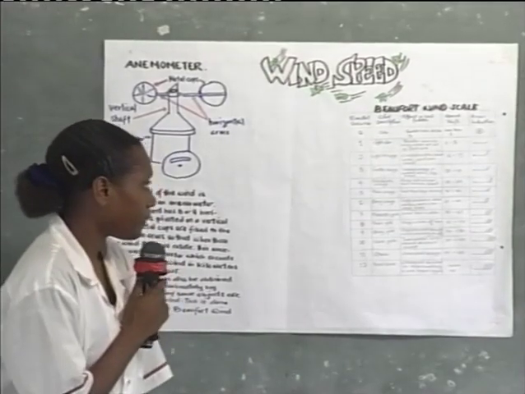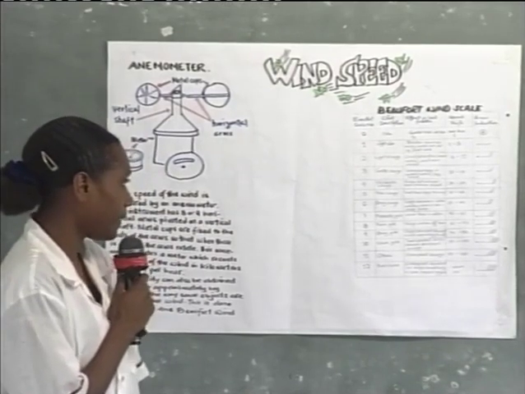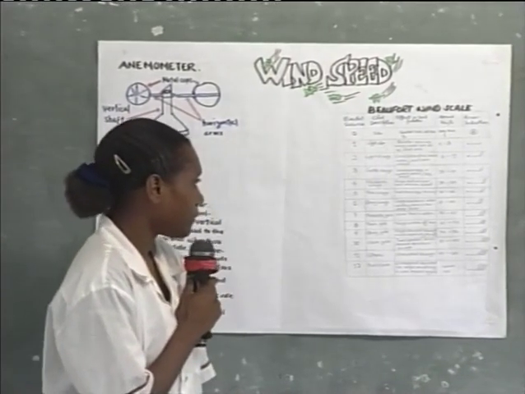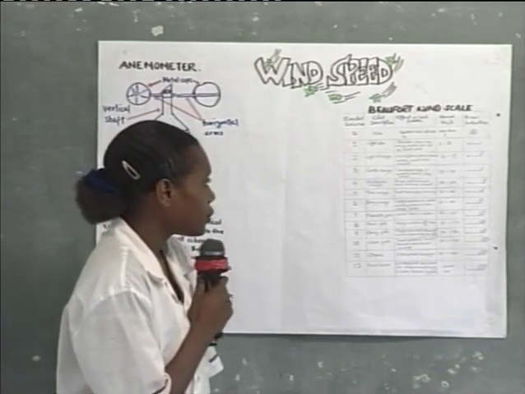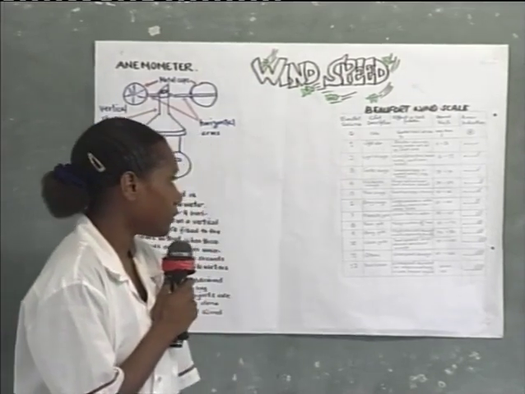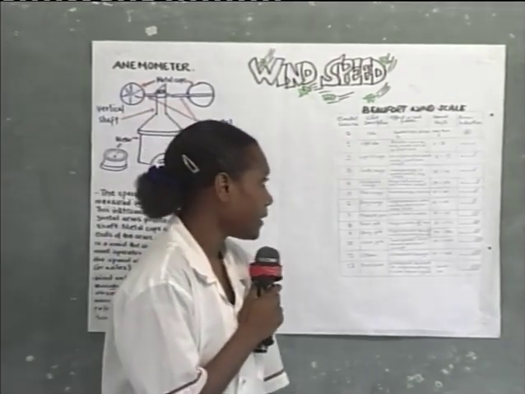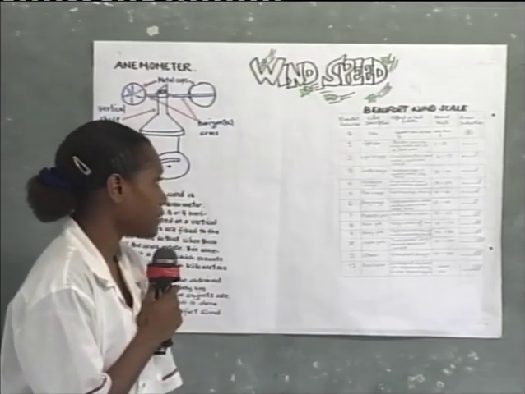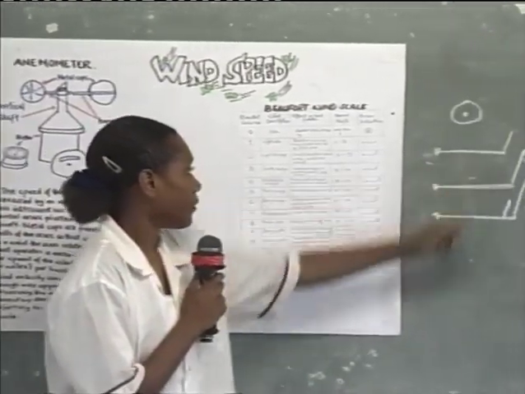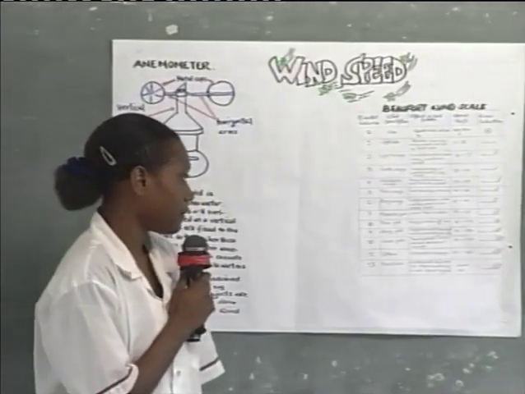Number 1, we have light air. The effect on land features: direction shown by the moving smoke but not by wind vane. Speed is 1 to 5 kilometers per hour, and the arrow indication is just half.